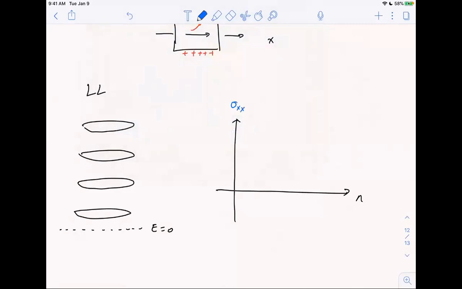Then you have near zero conductivity because you are within the gap. Once you reach here, you are in a half-filled state, so you will go up. And of course, quickly you go to here again, then you drop to zero.